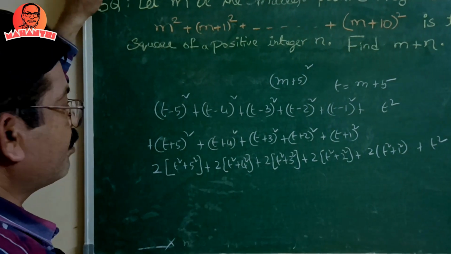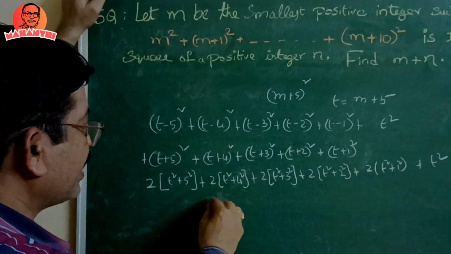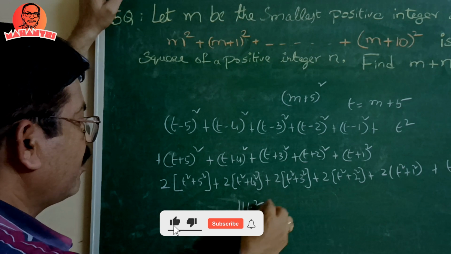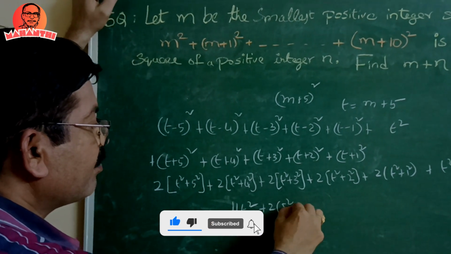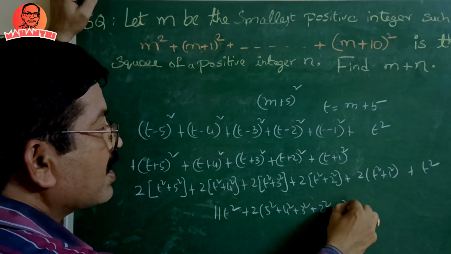Everywhere you can take 2 common. 5 t squares into 2, 10 t squares plus 1 t square, 11 t square. Next, 2 into (5² + 4² + 3² + 2² + 1²).